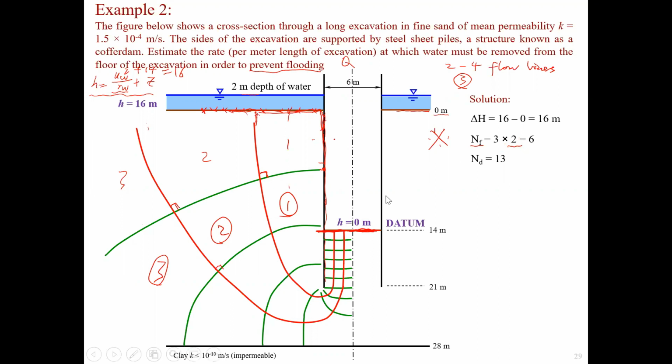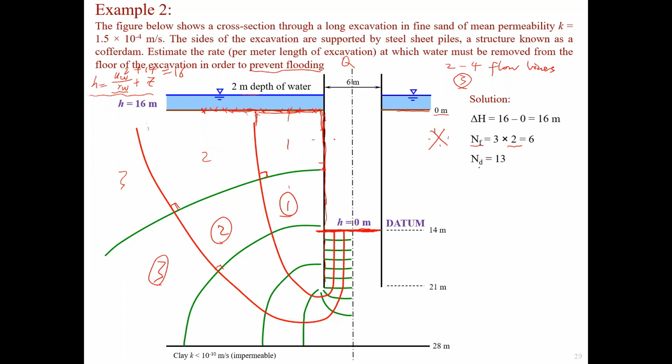For example, if I had one flow line going down here, one there, and one here as well, that's 1, 2, 3, 4, so it will be 4 times 2 for the number of flow tubes.